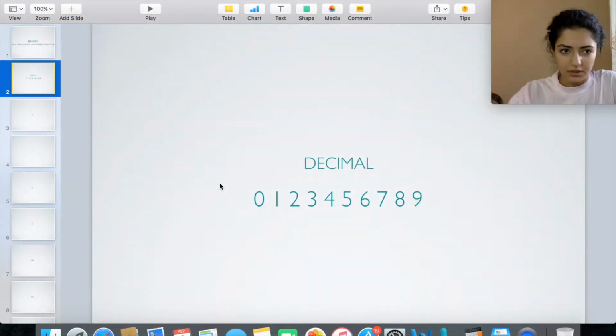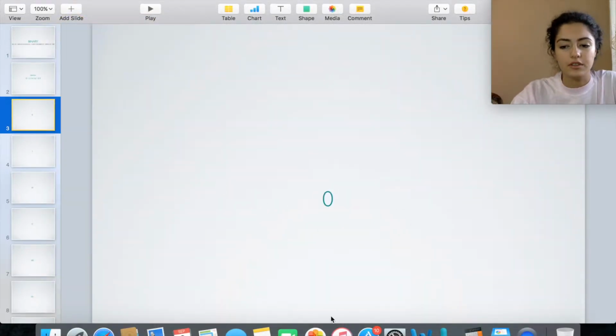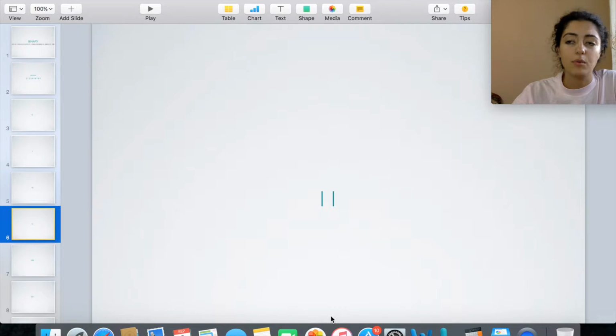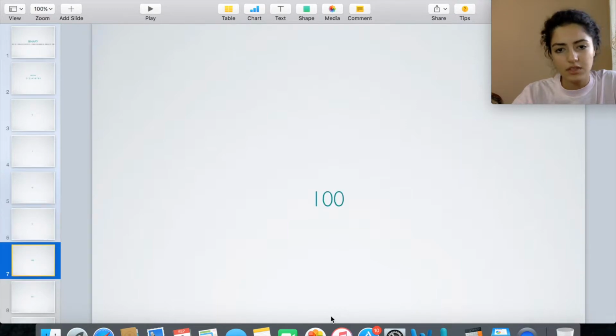Now let's start counting. So 0 is 0, 1 is 1. Then all the unit digits in our system, the 0 and 1, are already used. So we add another digit and get 1, 0, which equals 2 in decimal system. The next one is 1, 1, which equals 3 in decimal system.